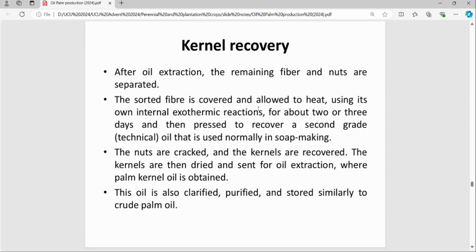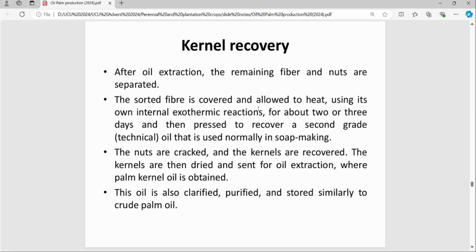The fiber can be heated again, and another round, a second grade of oil, can be removed from this fiber, and this oil is used in making soap. But then the nuts are cracked and the kernel is recovered or removed.